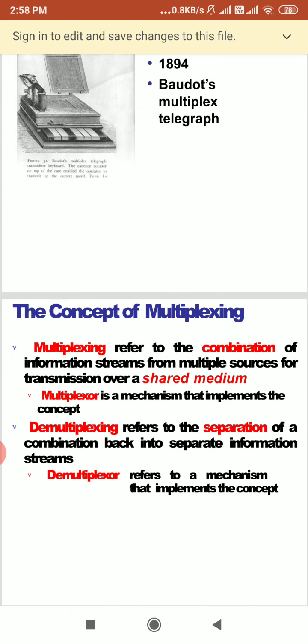Multiplexing refers to the combination of information streams from multiple sources for transmission over a shared single medium.